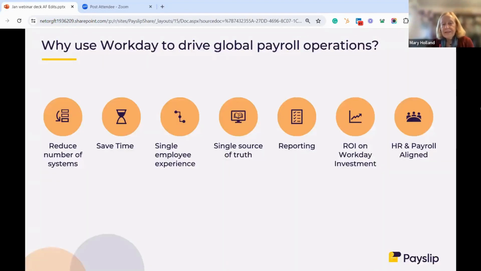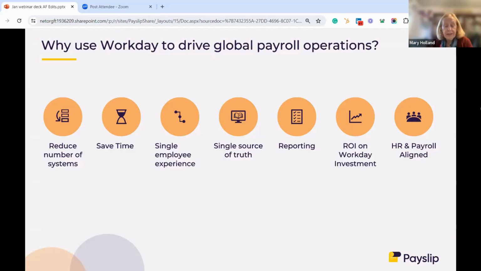So why do you use Workday to drive global payroll operations? Workday is the single source of truth for your HR systems. So you have one system that maintains that information across the globe.